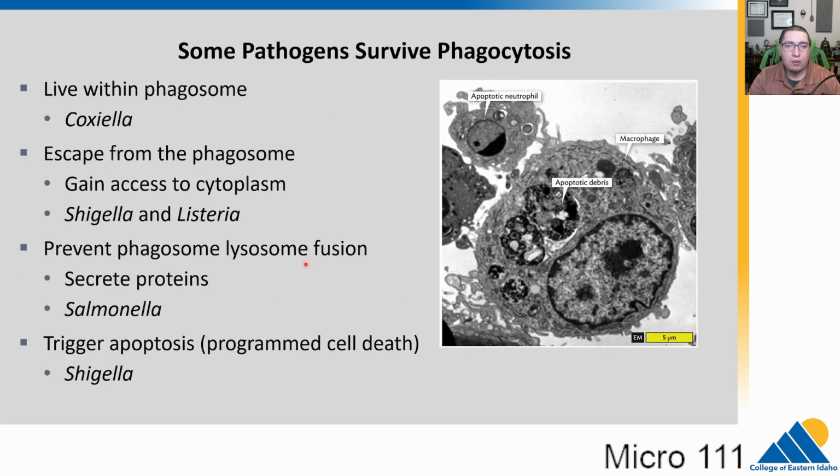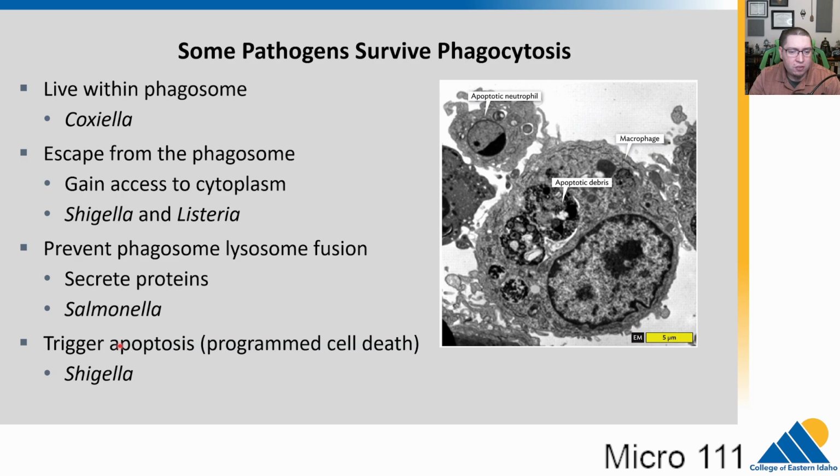As we've seen before, some bacteria, some pathogens can survive this process of phagocytosis. Coxiella has special properties that allow it to live within the phagosome. Some bacteria like Shigella and Listeria escape from that phagosome and get into the cytoplasm of the cell. They're hidden and they can live very, very comfortable lives. Some, like Salmonella, prevent phagosome and lysosome fusion, so they stop this process midway through.